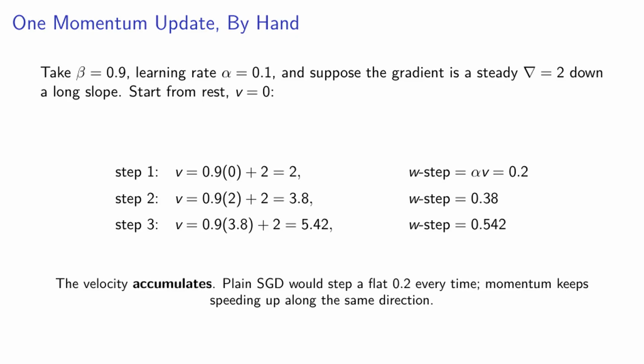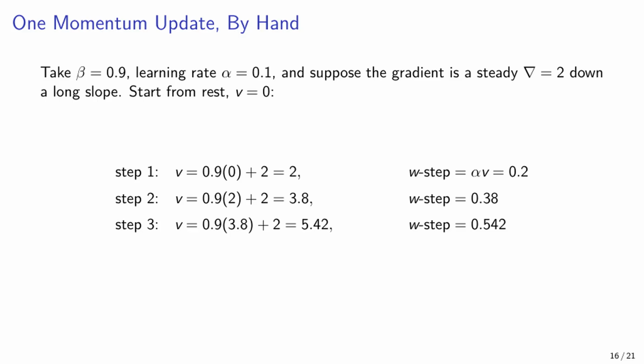The weight step is alpha times velocity, 0.2. Step 2. Velocity is 0.9 times 2 plus 2, which is 3.8. The weight step grows to 0.38.